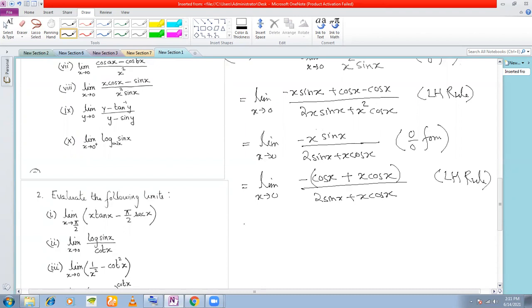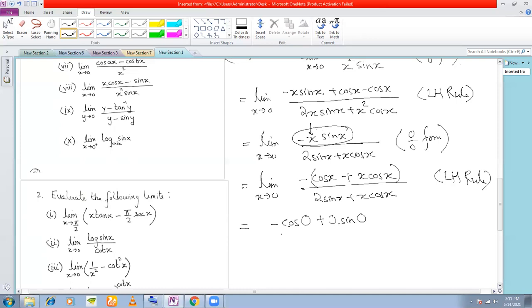Now, if you put x equal to 0, are you getting a finite form? It looks like it.